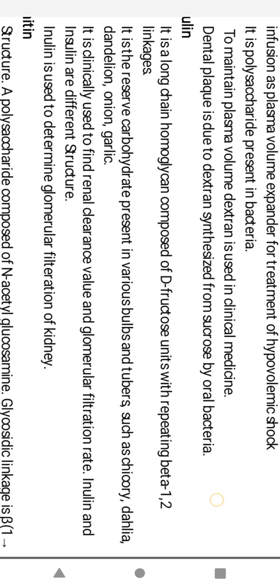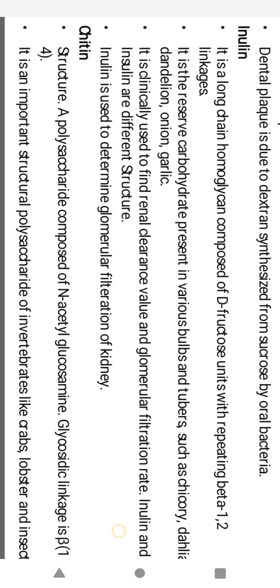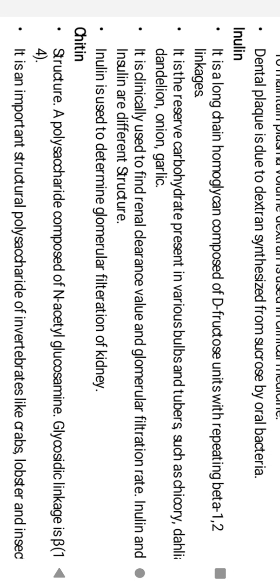Then we see about inulin. Inulin is a long chain homoglycan composed of D-fructose units with repeating beta 1,4 linkages. It is the reserve carbohydrate present in various bulbs and tubers such as chicory, dahlia, dandelion, onion, garlic, etc. Clinically, it is used for renal clearance.